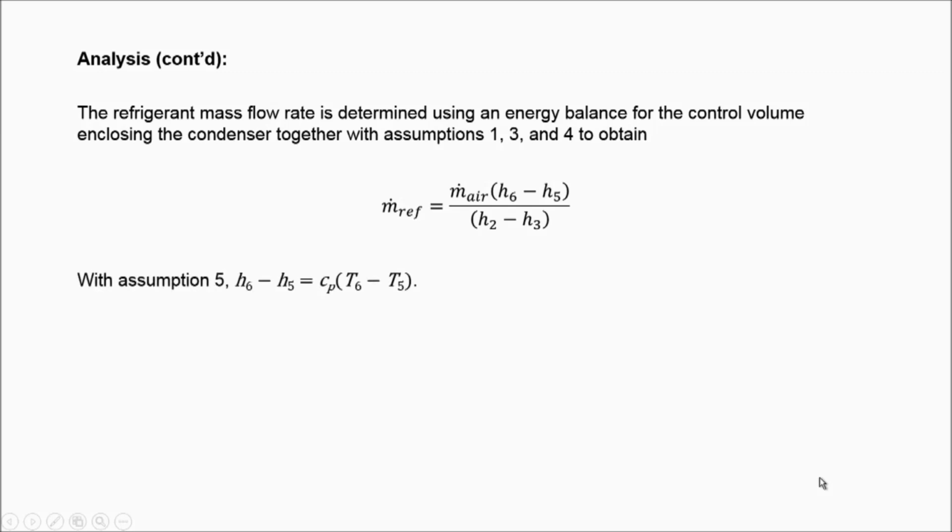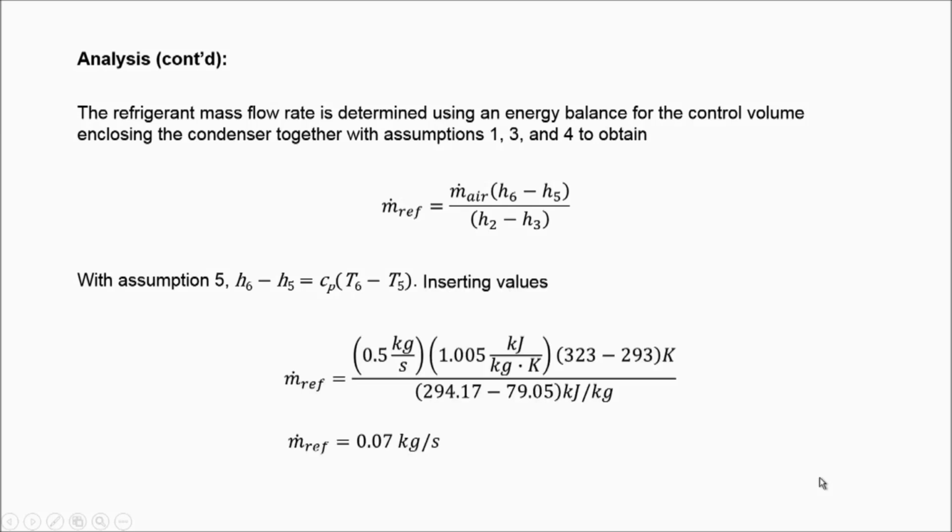With the use of assumption 5, the enthalpy change for the air can be evaluated as follows. H6 minus H5 is equal to Cp times (T6 minus T5). Substituting the numerical values, we get the following expression, which gives us a numerical value for the refrigerant mass flow rate of m dot refrigerant is equal to 0.07 kilograms per second.